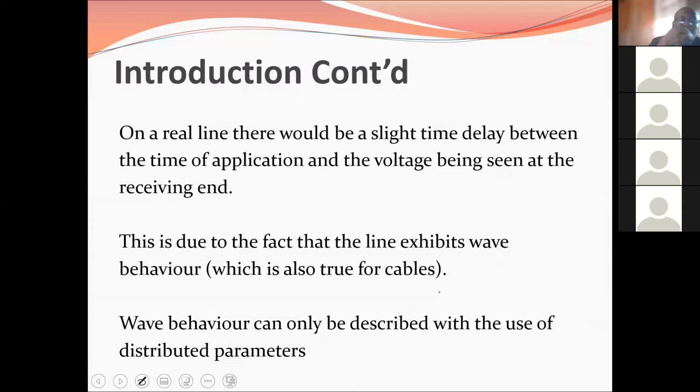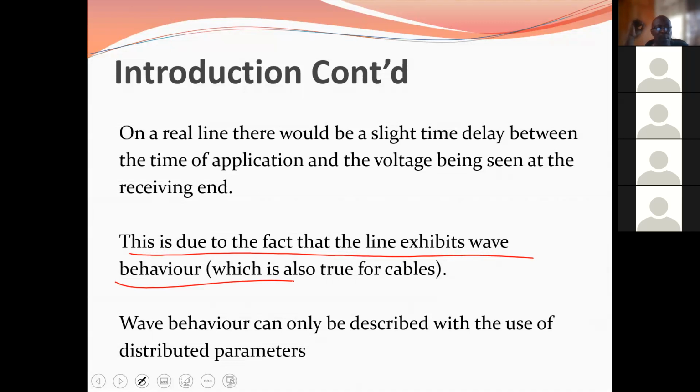All right? And we're going to therefore use certain characteristics of the wave, of the line, which in practice results in wave-like behavior to determine what happens at the end of the transmission line.